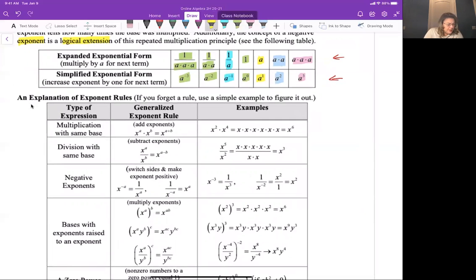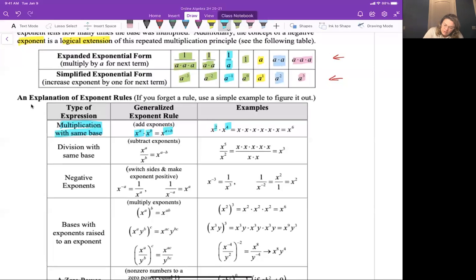If I have multiplication with the same base, notice the x's are the same, so x to the a times x to the b, I add the exponents. Here's an example: x squared times x to the 4th.